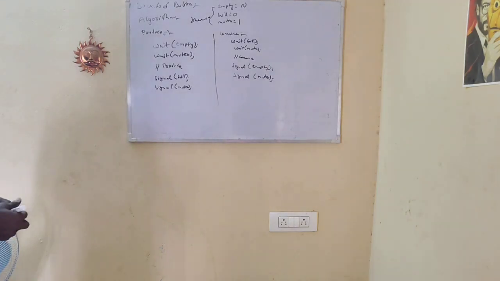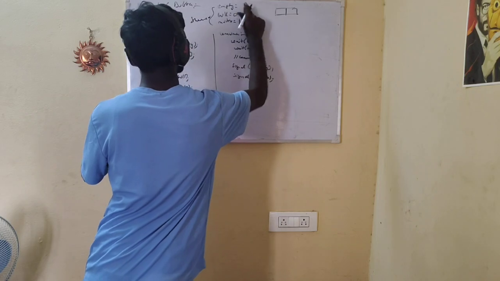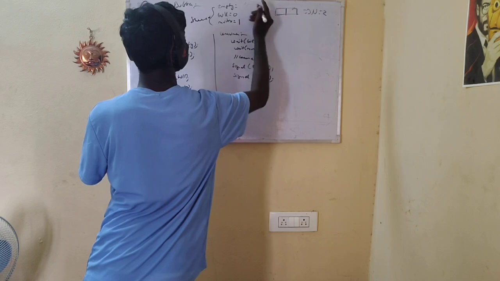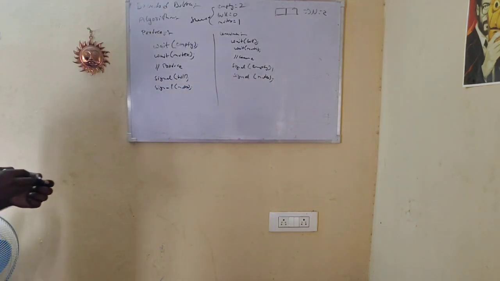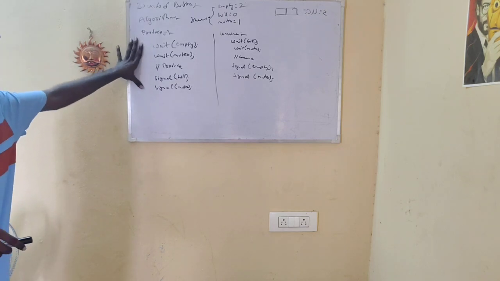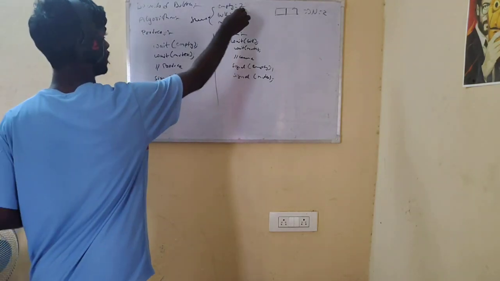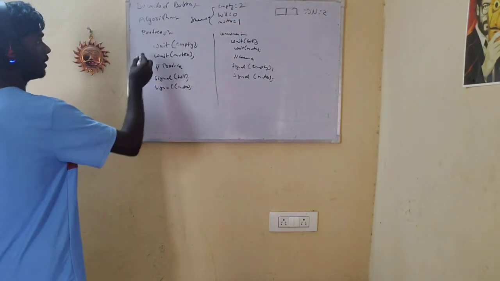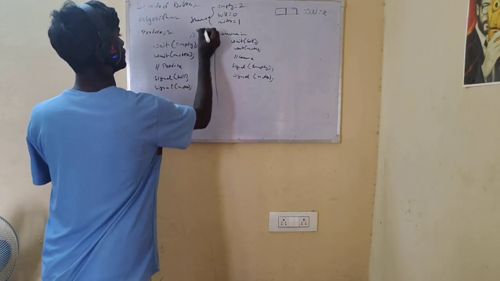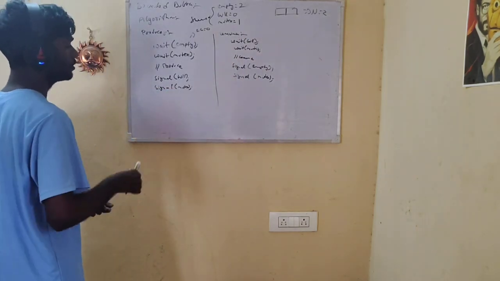Let us consider a buffer of size 2. So n equals 2, that is the size of the buffer, and empty equals 2. Initially a producer is trying to produce some data. Empty value is 2, full value is 0, and mutex value is 1. When the producer is accessing wait of empty, we are checking 2 less than or equal to 0, which is false.